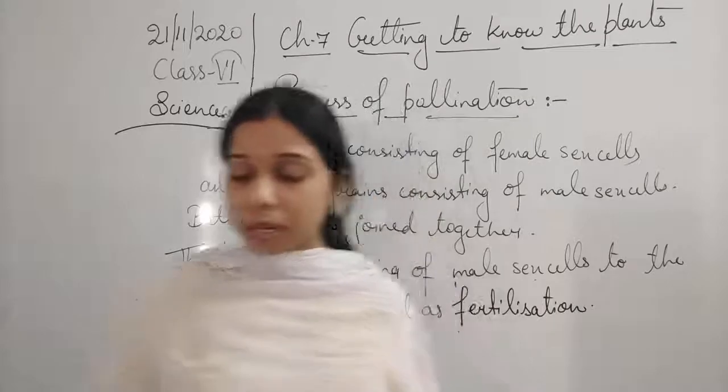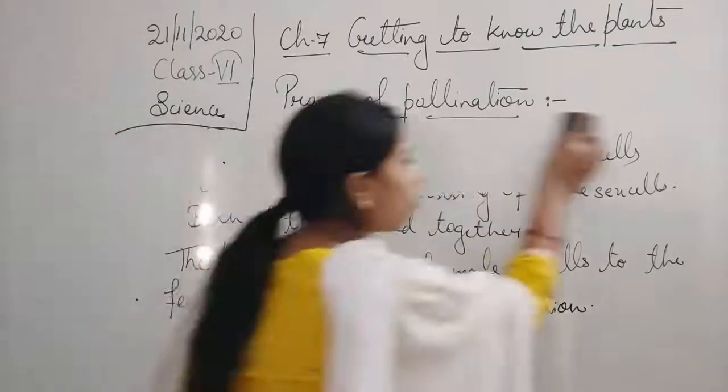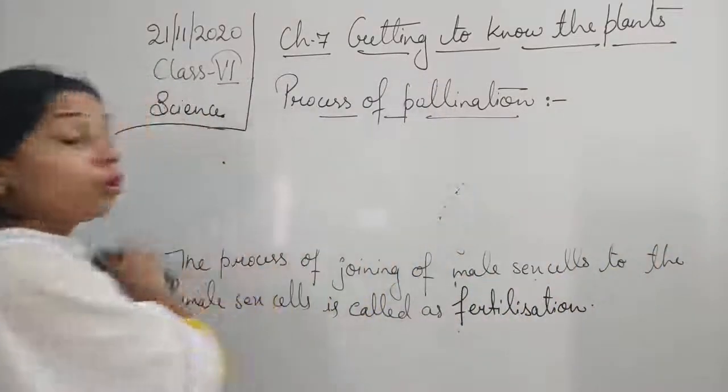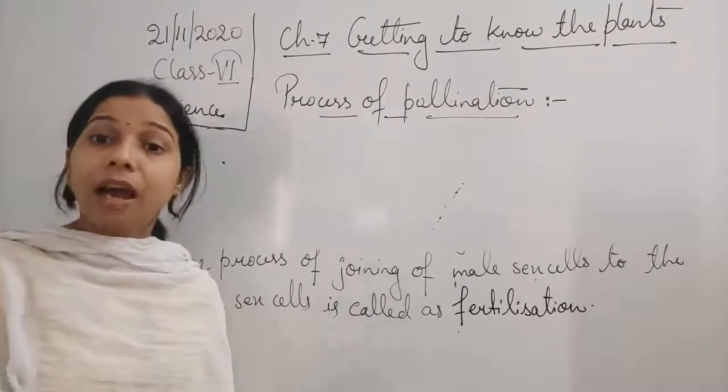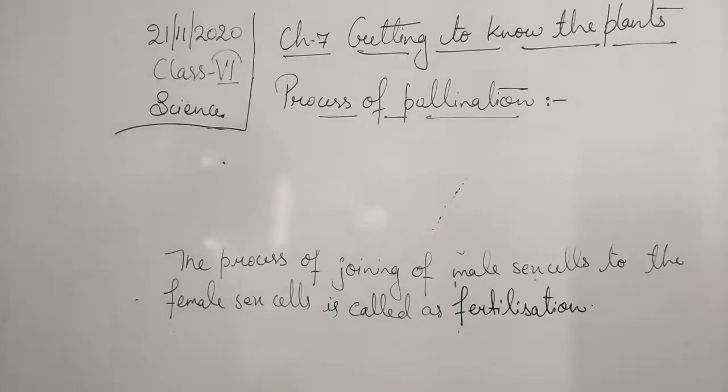Now, another thing, students: after fertilization, what happens? The ovule grows and develops and becomes seed, and the ovary becomes fruit.